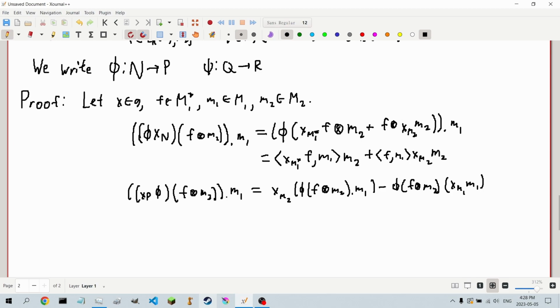So this is, yeah. And then this is equal to, on the left, the inner product of f m1 of x to the m2, minus the inner product of f and x m1 times m2.